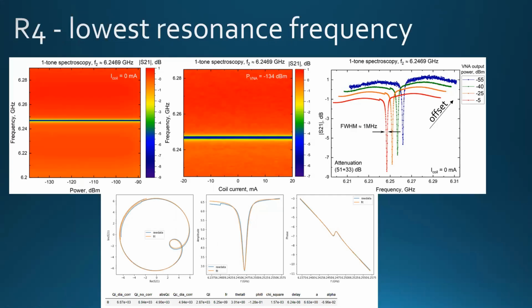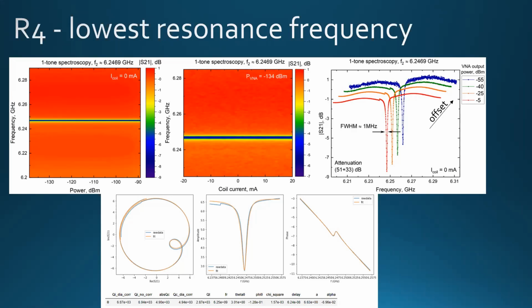This is the result of the one-tone spectroscopy of the bare resonator. For the quality factors, I think I used the package written by Gleb Fedorov. At the bottom you can see a table with the results.